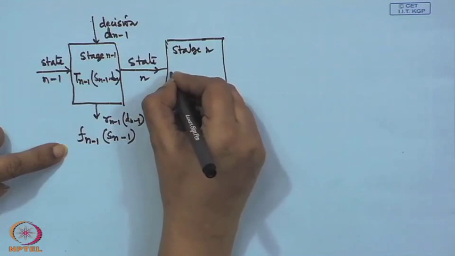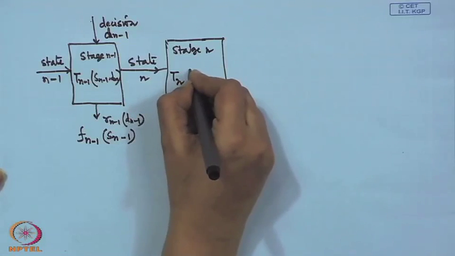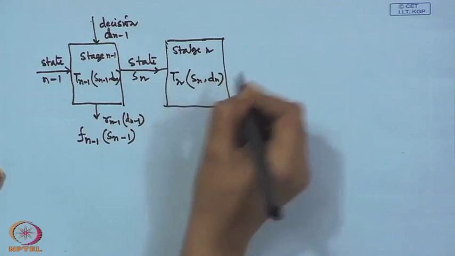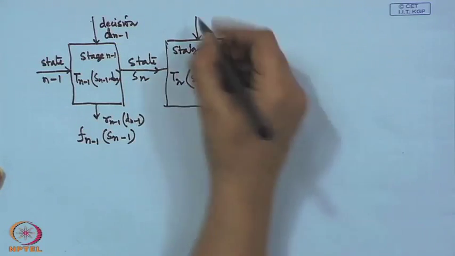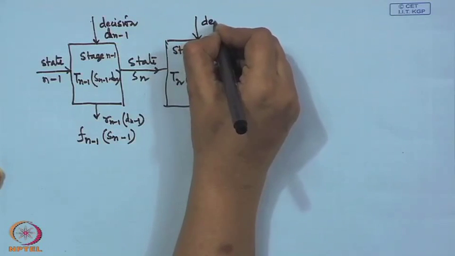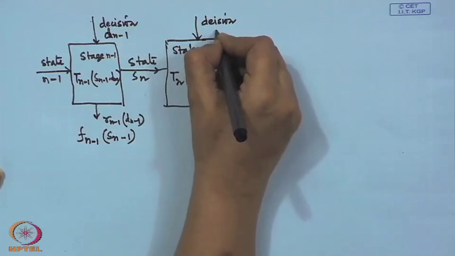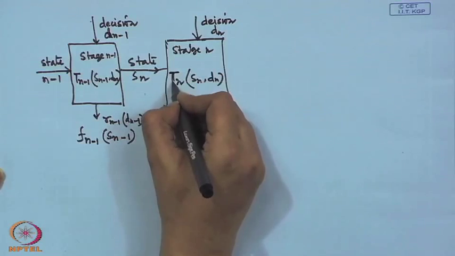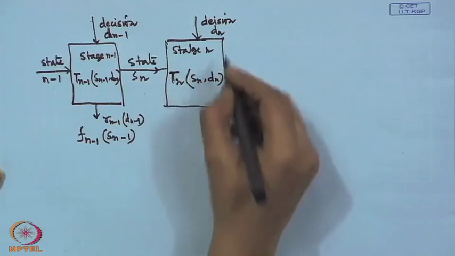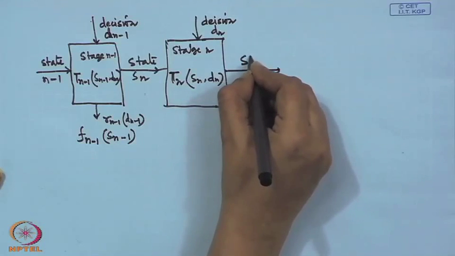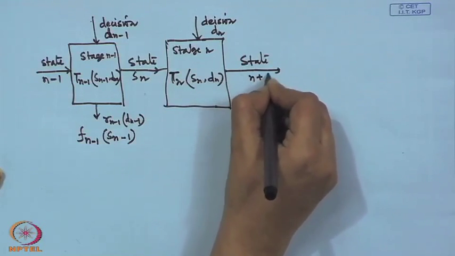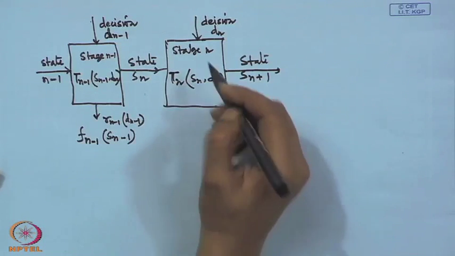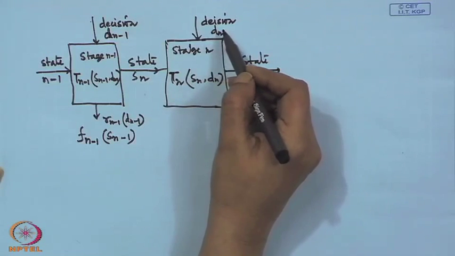In stage n as well we have the state transformation equation T n, a function of s n and the decision d n, because in stage n there are other possible decisions. The state transformation equation T n again converts this state to the next state n plus 1. That is the idea of the multi-stage decision making process, and for every stage there are alternative decisions.